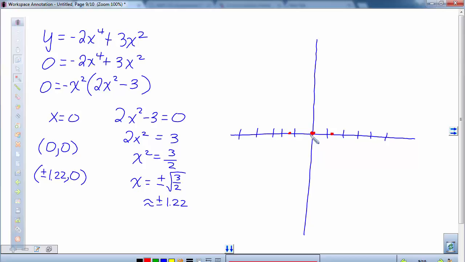All right, now I want to look at any derivatives to figure out where the function might be increasing. Okay, so we got y prime is equal to minus 8x cubed plus 6x.